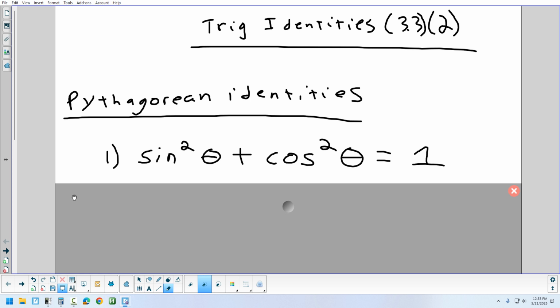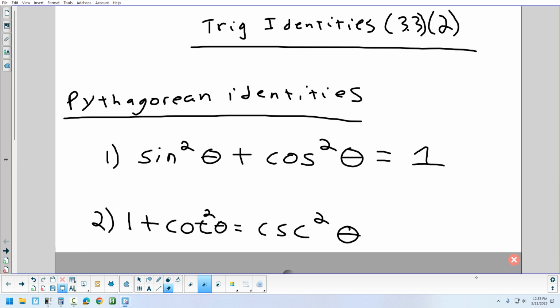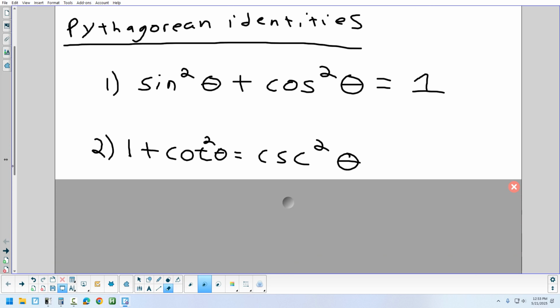Right? And there's 3 different versions of the Pythagorean identity. This one has sine and cosine. The next version has cotangent and cosecant. And the third version is going to have the 2 trig functions we haven't used yet. I've used 4. What are the other 2 I haven't used? I used cosine right there.